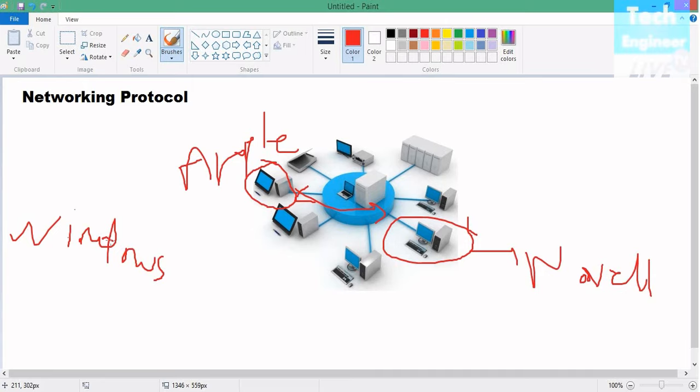Manufacturers are not that important nowadays, even with Linux, but operating systems are, like Windows or Linux. For example, you have Macintosh, Windows, and Linux. All three kinds of operating systems have their own codings and languages, but they're able to communicate with each other. That's because of one standard protocol, and that is the TCP/IP model.